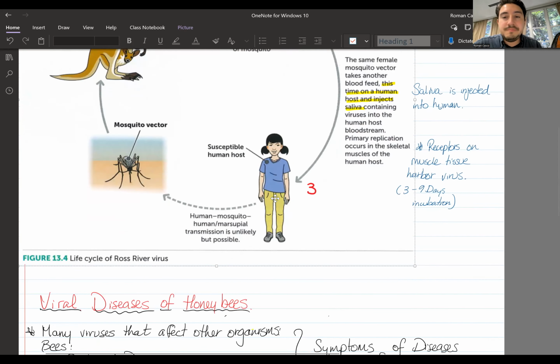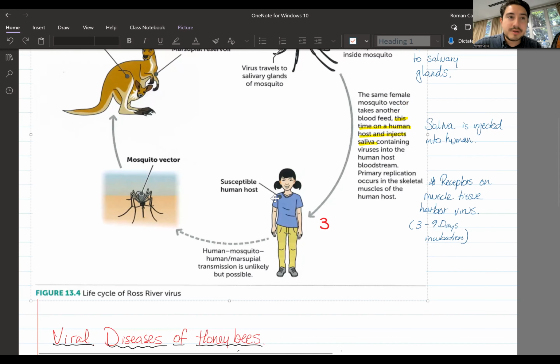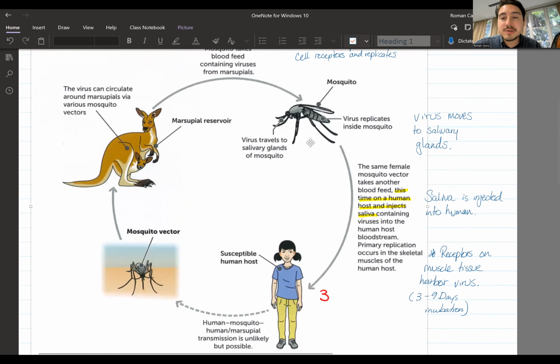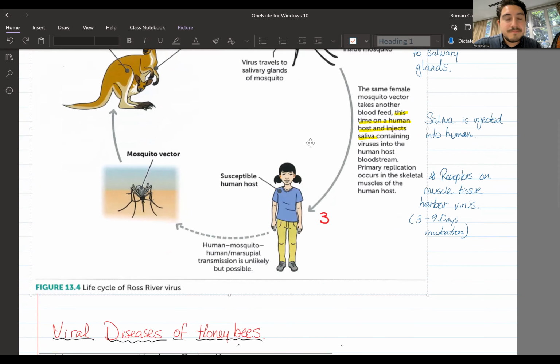Okay. And as this is happening, again, similar situations, the virus is coming in, and they can have multiple receptors for different species, as in the case of the mosquito and epithelial cells. But in this case, the virus comes in and basically binds to receptors in muscle tissue, and it starts replicating there, basically getting that period of incubation that we talked about, right?